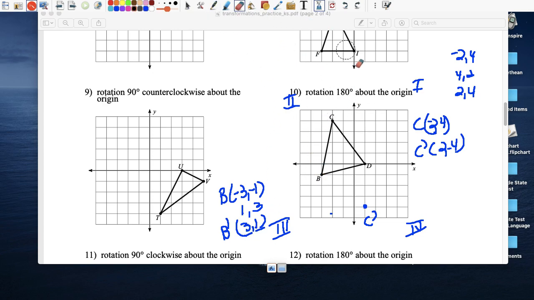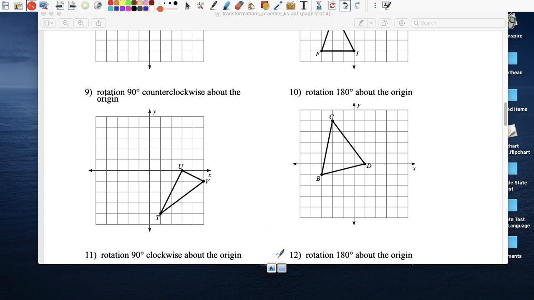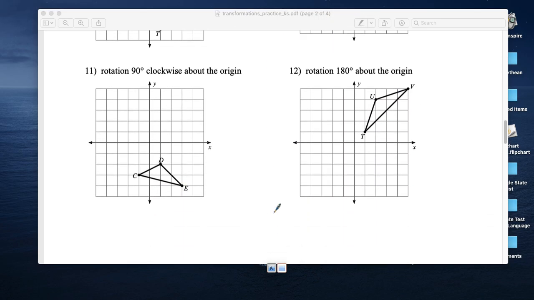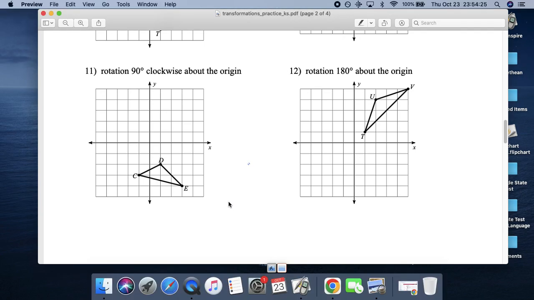So B prime is at 1, 2, 3. Here's B prime. And D, well, D is going to stay on the axis, so it's going to go from one axis to another axis. There's D prime. Connect, and look at that. Rotation clockwise, so this triangle is moving this direction.